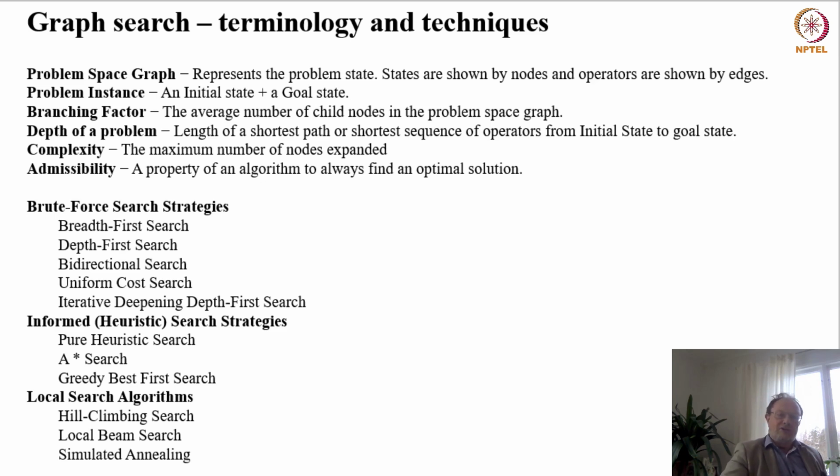So essentially, as you can see, there are 3 categories of search strategies. One category called brute force, which is essentially that they are uninformed. The second group is here called informed, which means that they are guided by some domain knowledge or heuristic knowledge to proceed. And the third category is termed local search.